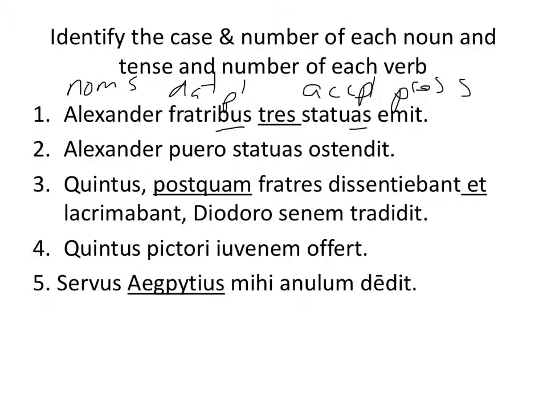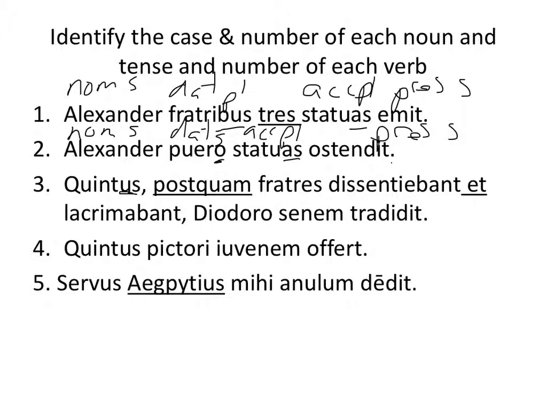My apologies for that handwriting. Okay, Alexander is still nominative singular. Puero with that O is going to be dative singular. Statuas, AS is still accusative plural. And then the T, we're still dealing with present singular.